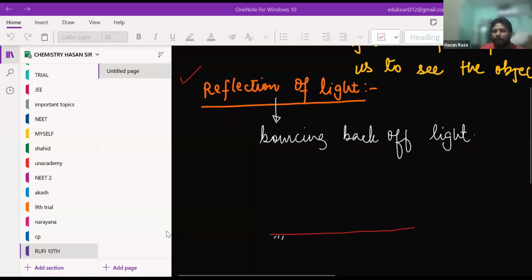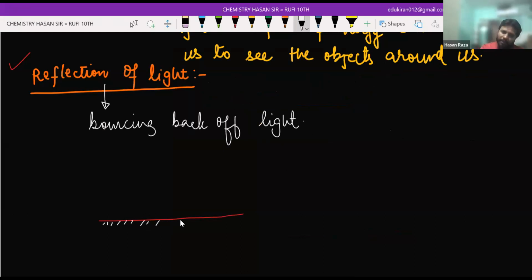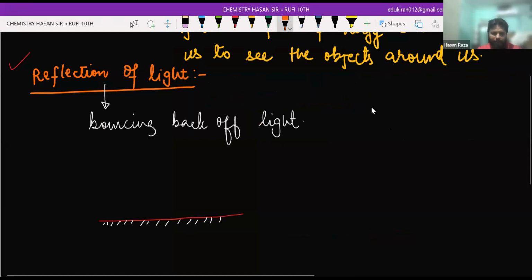Just wait a minute. Are you able to see this? Yes. So the red line is your mirror. Let's forget it for a while and take an example.